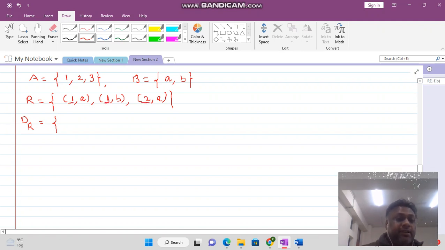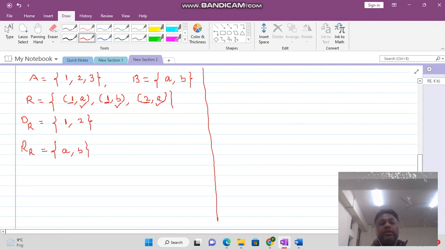These are the first elements of the coordinate pairs. So here we can say that in the domain we have 1, 2. In range you have these elements as the second elements. So a, b is the range of the relation. 1, 2 is the domain of the relation, and a, b is the range of the relation.